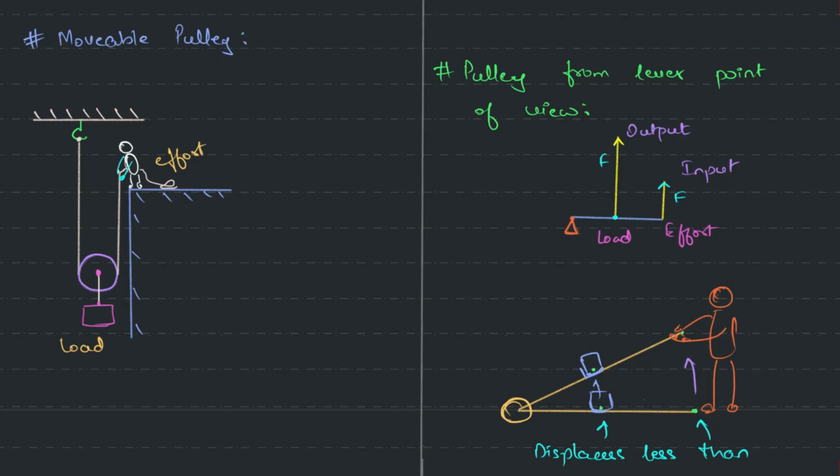And you can imagine a circle over here, and that would be the connection between your lever and pulley. So how is this all connected?